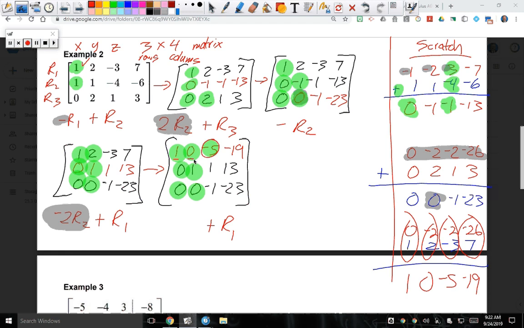I don't want to undo those. So what should I add? Negative 5 times R3. Nice. Let's do some scratch work. Negative 5 times R3 is 0, 0, positive 5, and a positive what?